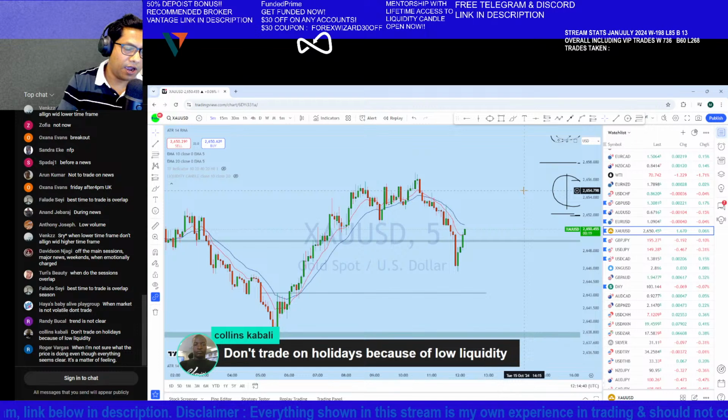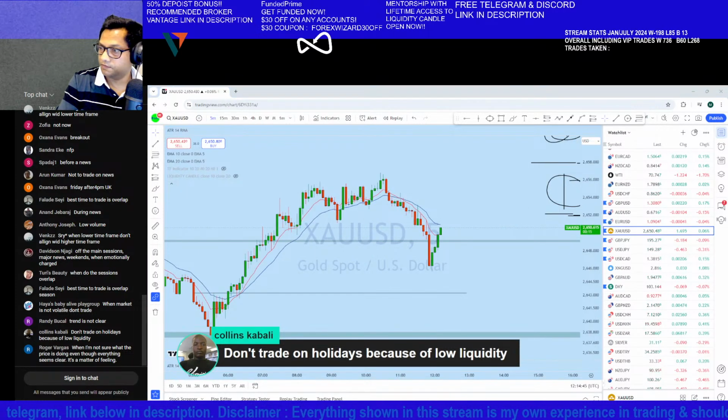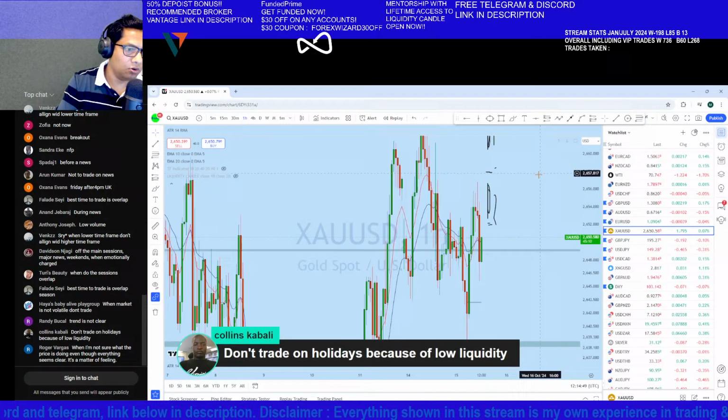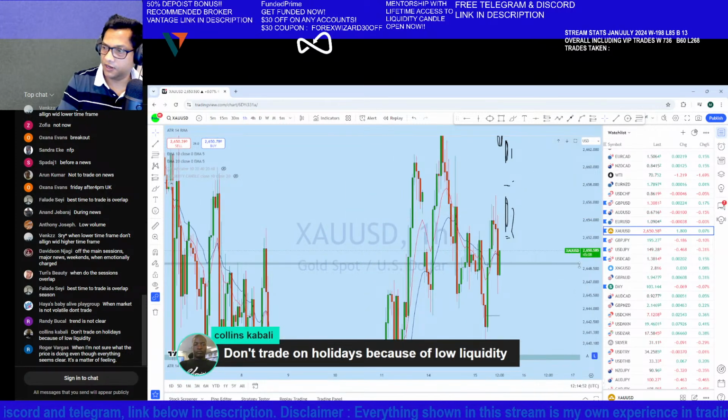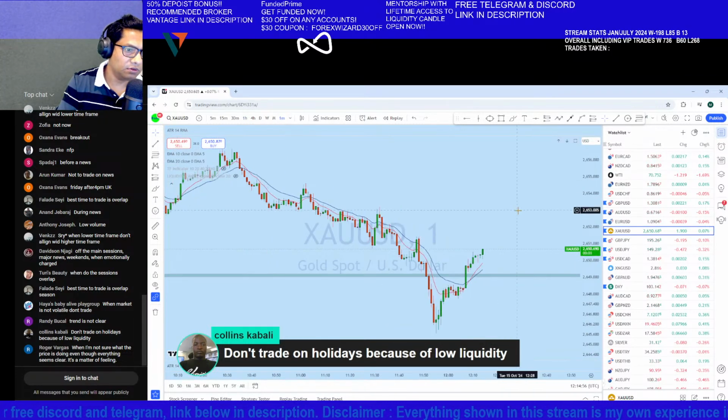That's why understanding liquidity and price action is very important as a trader. Now let's look at what's happening here. The market is again trying to bounce at that level.